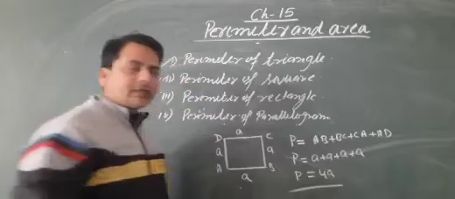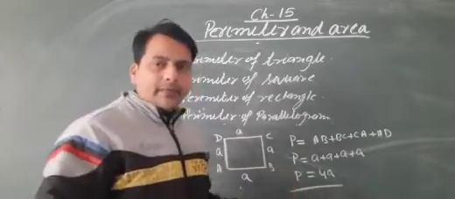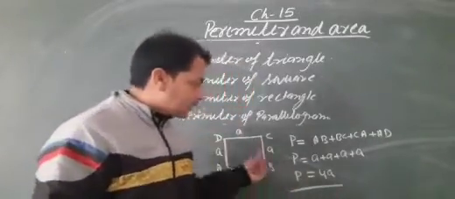So the perimeter of a square is 4 into the side.